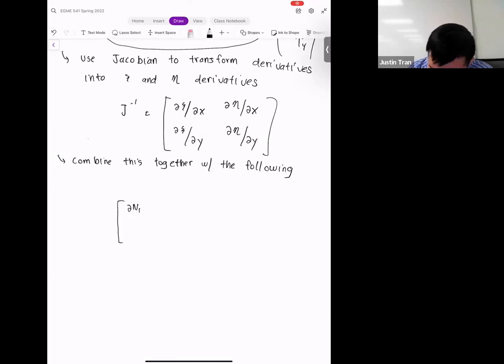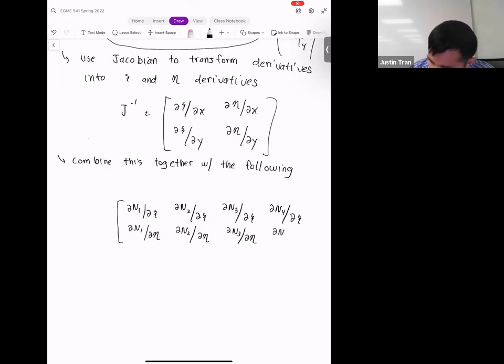So partial N1 partial epsilon, partial N2 partial epsilon, and so on. All right, so that's the same shape function derivatives matrix, except now I took it with respect to epsilon and eta.